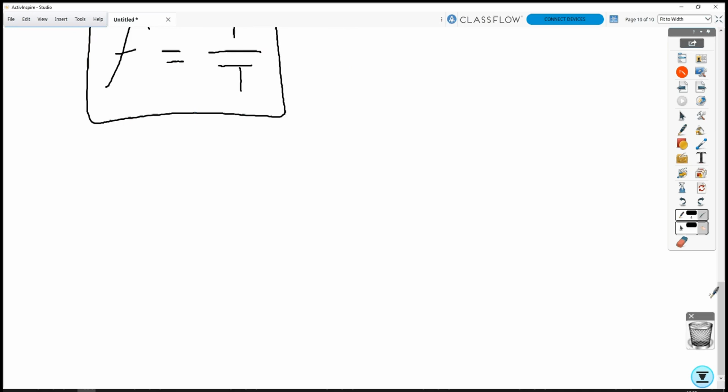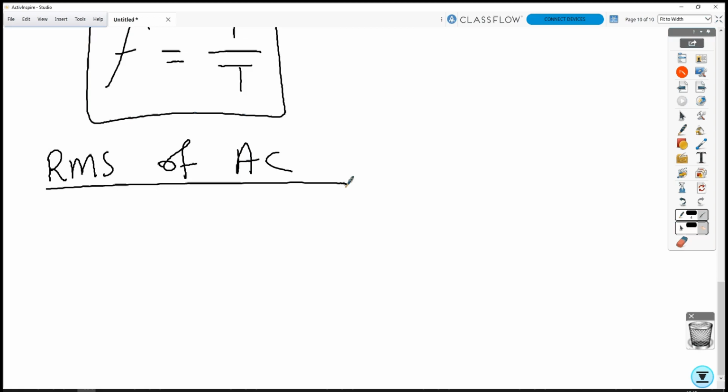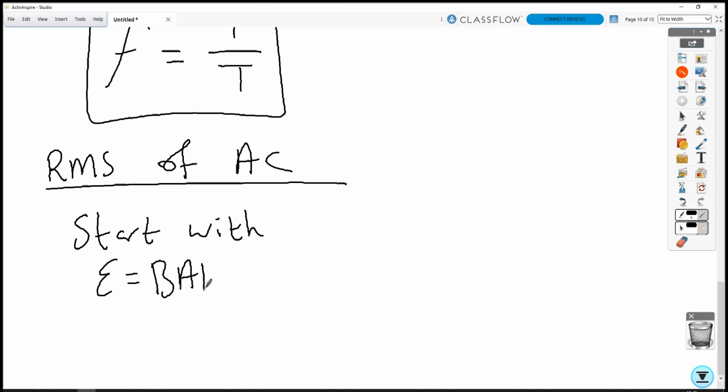So, the RMS of AC. So we start with epsilon equals epsilon naught sine omega t.